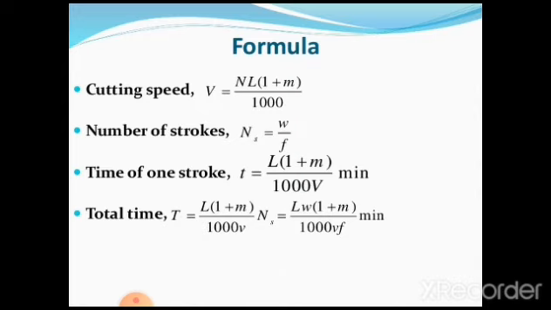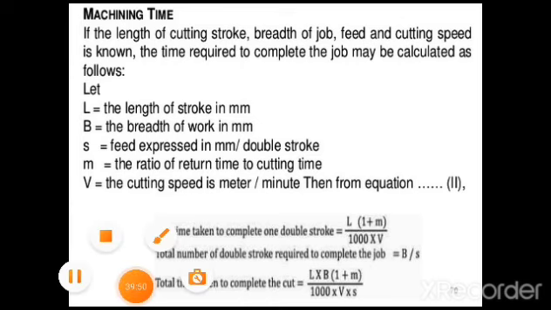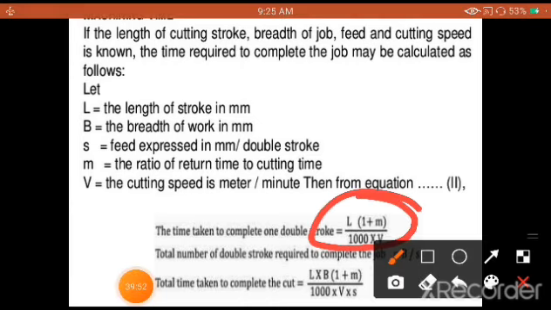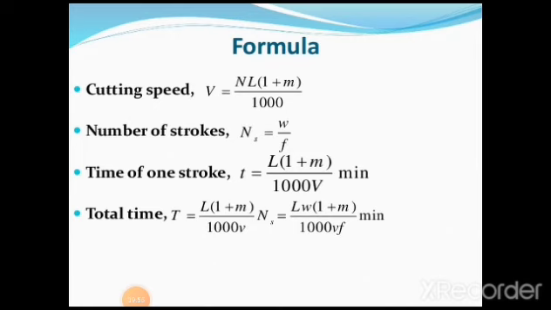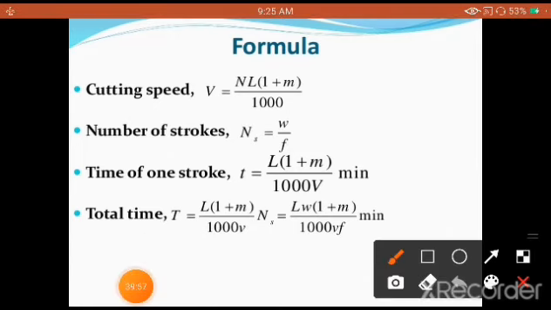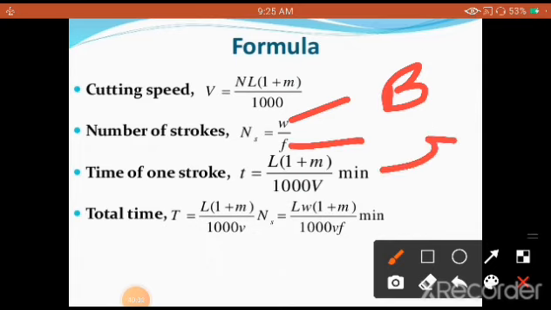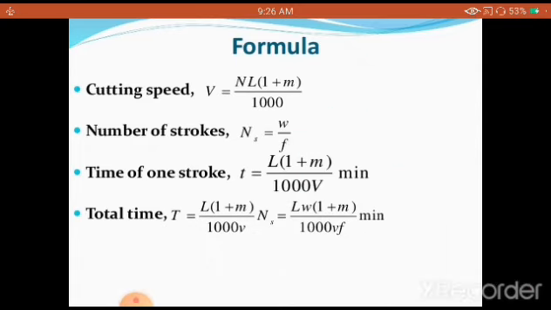Time of one stroke T is equal to L into (1 plus M) divided by 1000 into V minutes, and total time is L into (1 plus M) divided by 1000 into V multiplied by NS. The same formula is replaced here. Whatever formula you see, the same formula is here also. Don't get confused. In place of W it is written as B, in place of F it is written as S. Try to understand the concepts for calculation purposes.